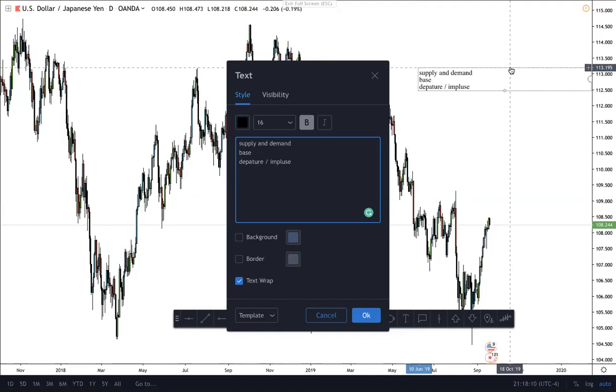That is basically how the market leaves the zone, right?